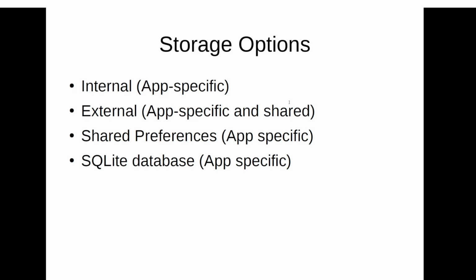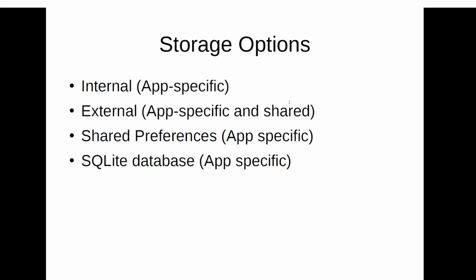Android essentially breaks up storage into a few partitions. The first is called internal storage, which is application specific. That is, information stored in internal storage is private to your application. External storage is information that can be accessed by other applications, not just your own.